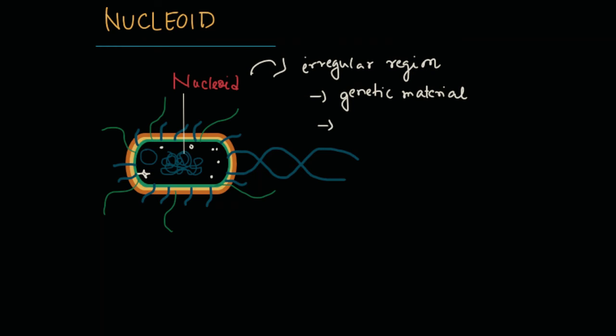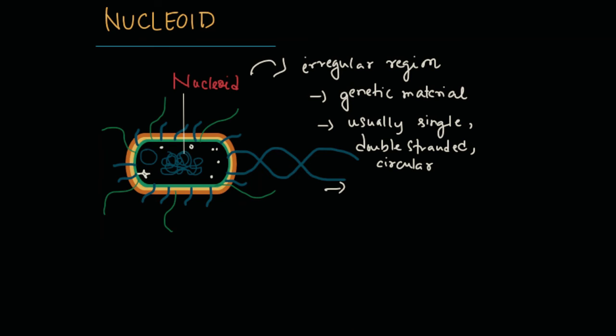The prokaryotic genetic material that is present in the nucleoid is usually single copy, that is a single chromosome, which is double-stranded and circular. This is happening in most of the cases, but there are some exceptions, like in some prokaryotes, they are linear. For example, in Vibrio cholerae.